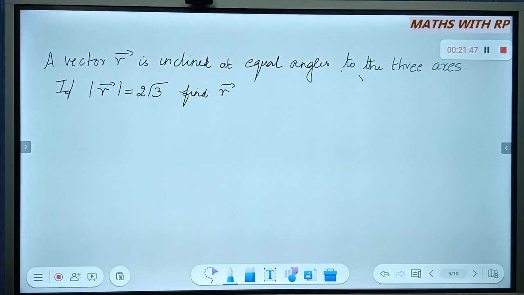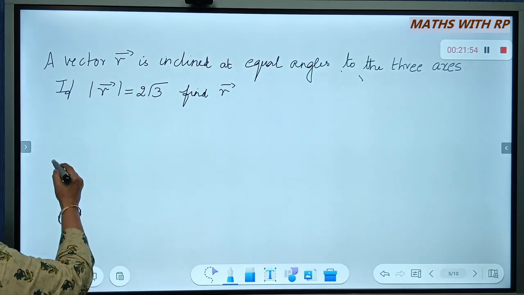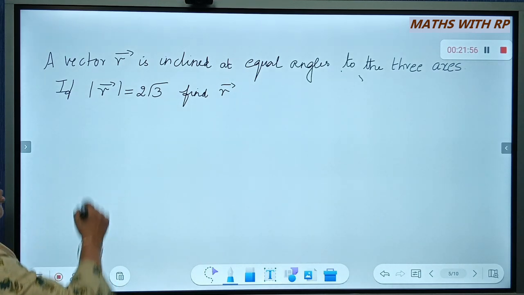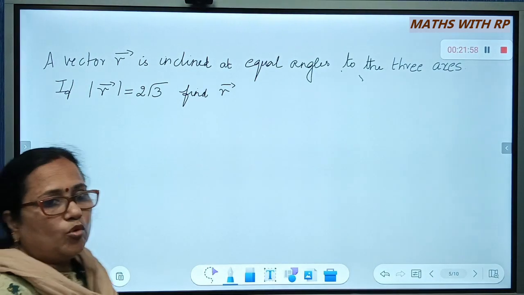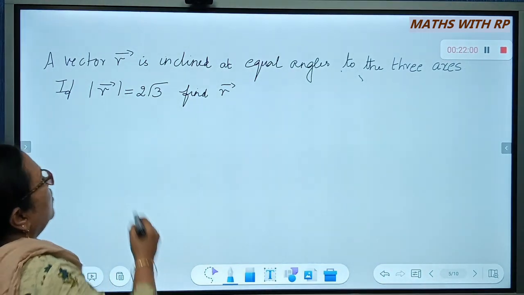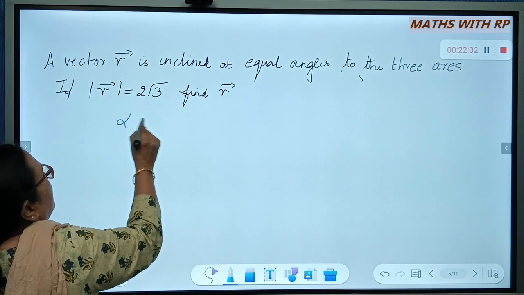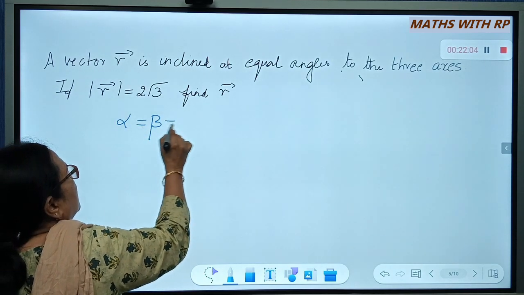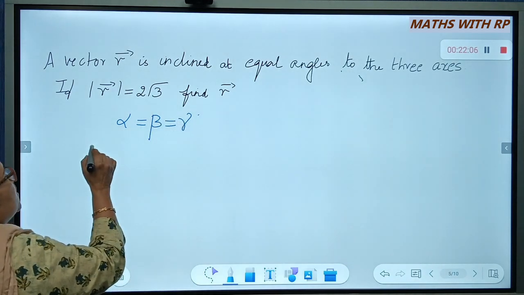Now look at this problem. A vector R vector is inclined at equal angles to the three axes. Modulus of R vector is 2 root 3. You have to find what is R vector. Now alpha equal to beta equal to gamma. So which means what?